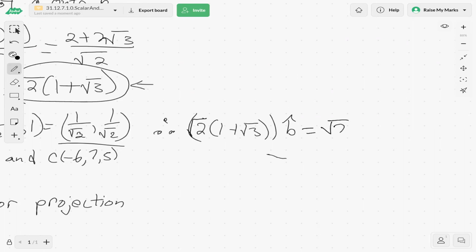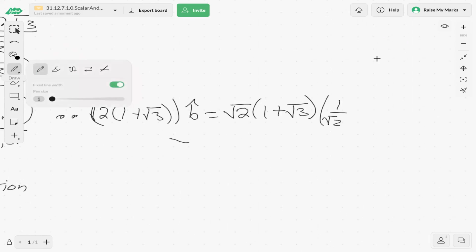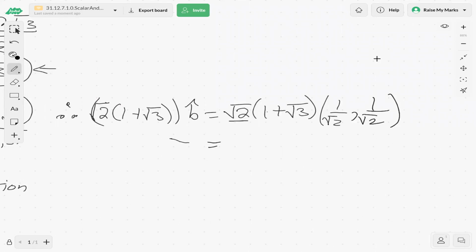Square root of 2 times 1 plus root 3 times 1 over root 2, 1 over root 2. Let's clean this up a little bit. We can cancel out some root 2's here, and we're left with 1 plus root 3 times this vector 1, 1. And that's our vector projection of A onto B.